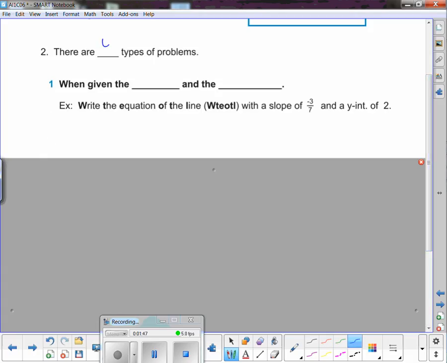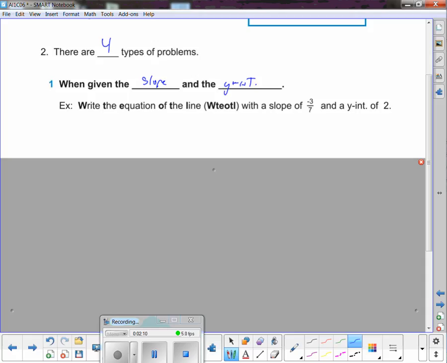All right, so this is number two, four types of problems. Believe it or not, the first one is when given the slope and the y-intercept. Folks, it doesn't get any easier than that.